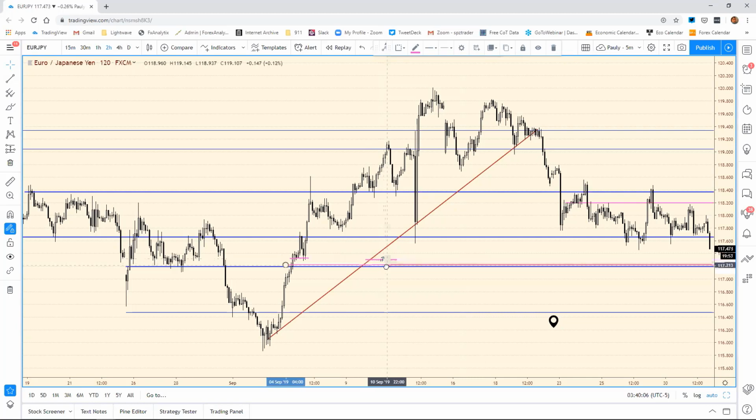This might even be a bit generous, and we're actually going to move it down to 17.18. That's what I'm looking for.